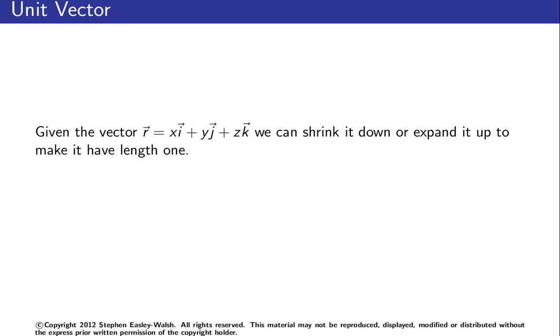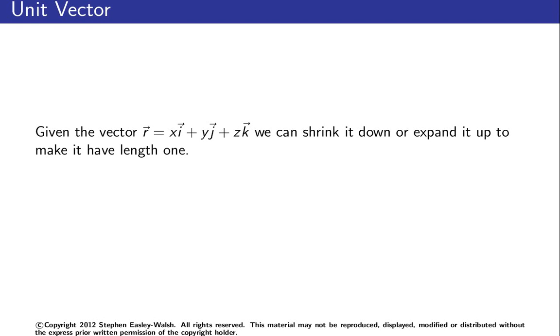Now, the next idea we'll look at is something called a unit vector. So if we're given the vector xi plus yj plus zk, we can shrink it down or expand it up to make it have length 1. For example, if my vector has length 10, and if I multiply my vector by 1 over 10, I can shrink it down to make it have unit length 1.